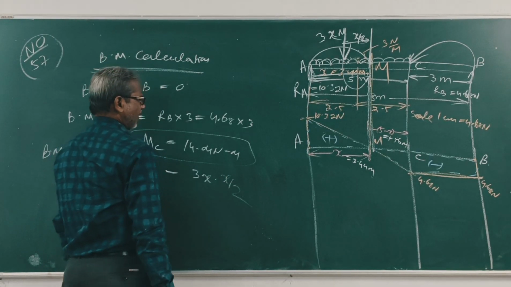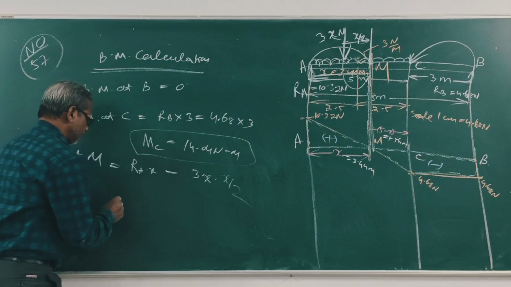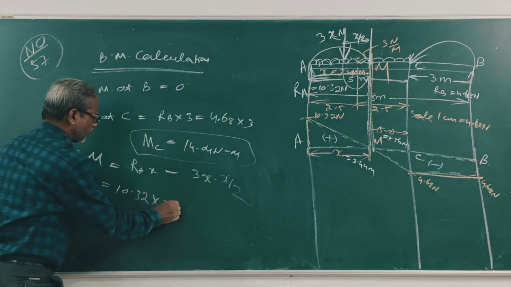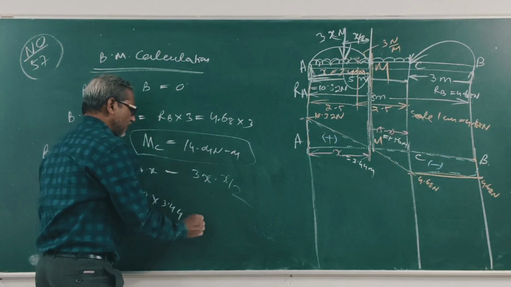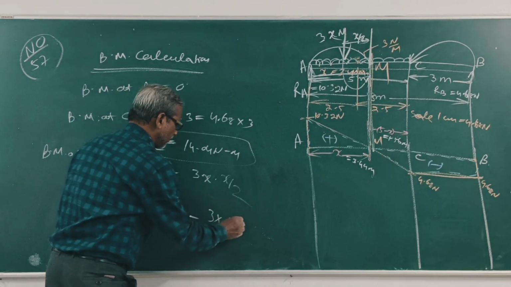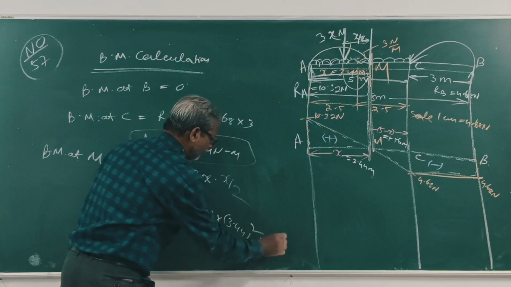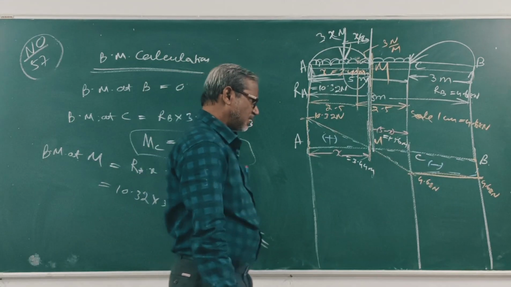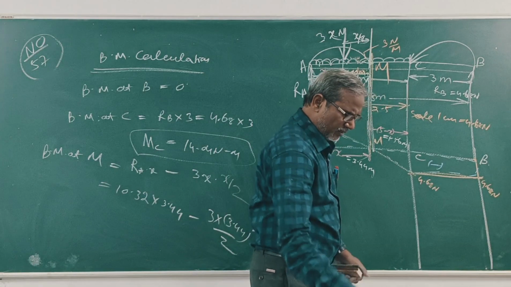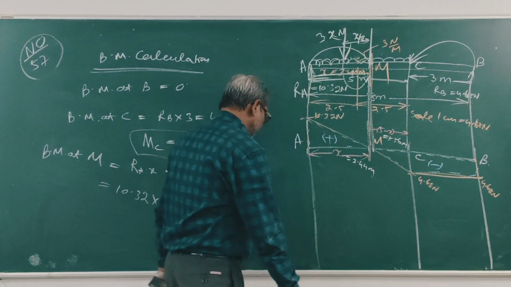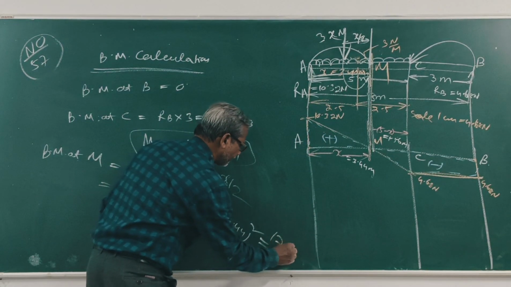RA is 10.32 into x, 3.44, minus 3 into 3.44 square by 2. Clear? The answer, bending moment at M, is 70.75 Newton meter.